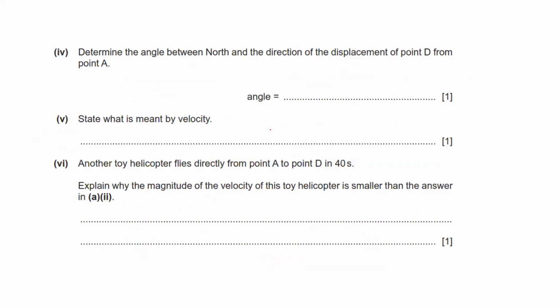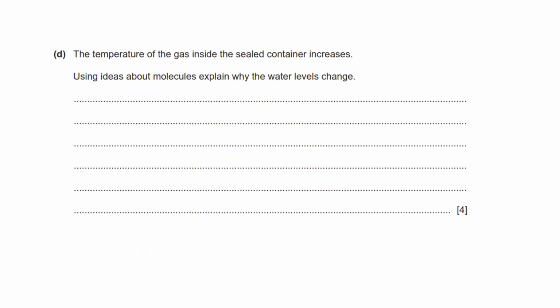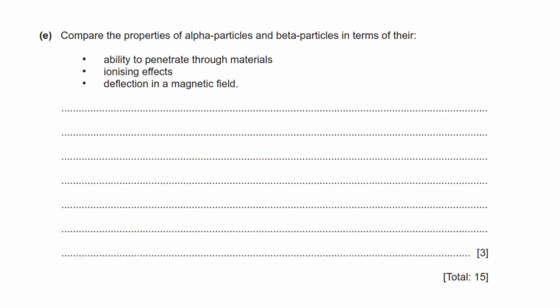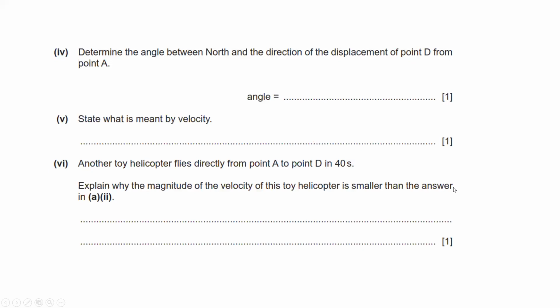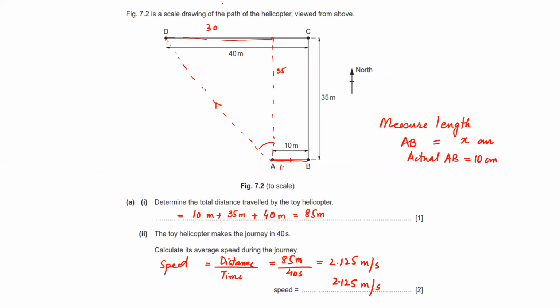It says determine the angle between north and the direction of displacement from point D to A. So from point D to A, if we go back, the displacement is in this direction.